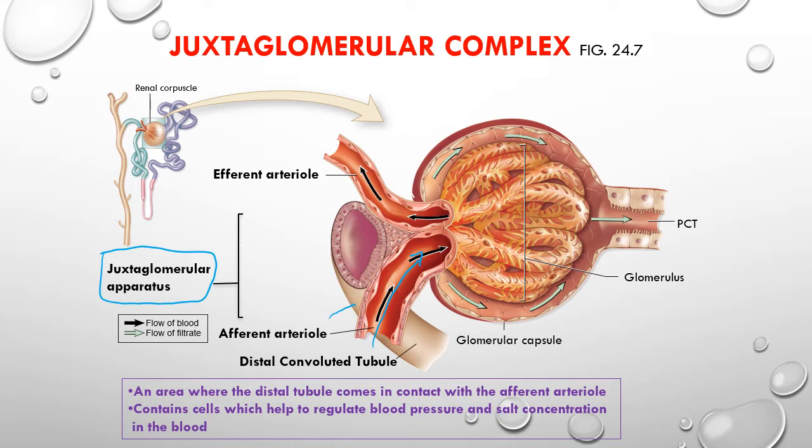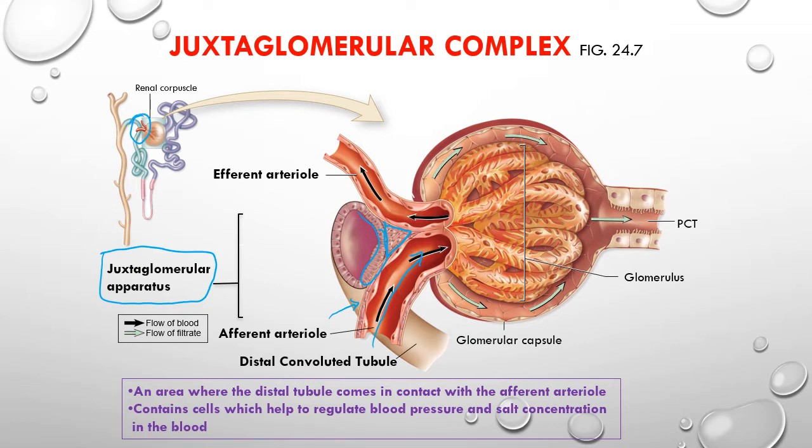We have juxtaglomerular cells in there that are looking at the blood pressure as it's coming into the glomerulus itself. And then we've got this little triangle of cells in here, as well as along the distal convoluted tubule. And so within this distal convoluted tubule, essentially we have a contact between the two. So that distal convoluted tubule always makes a return past the glomerulus one more time.